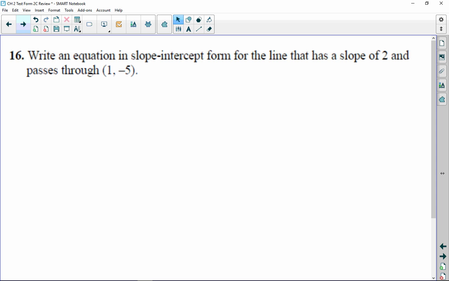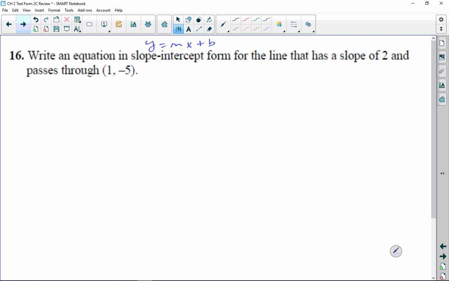You good? Okay. Write an equation in slope-intercept form for the line that has a slope of 2 and passes through this point. Okay, so what form do I want to put it in? Can I start with that and just plug numbers in?